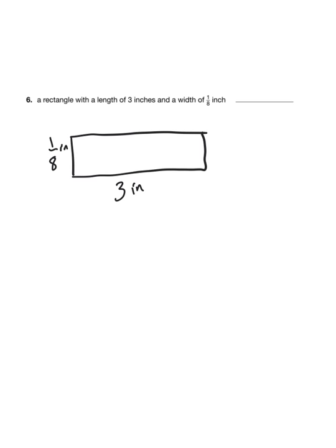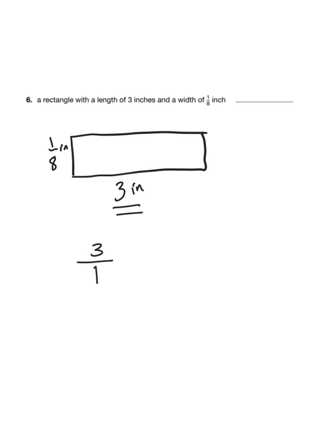Okay, now for this next one, we have a rectangle and one side is way longer than the other. One side has a length of 3 inches and the other one is just 1/8 of an inch. So when we multiply a whole number times a fraction, I'm going to write it as 3/1.